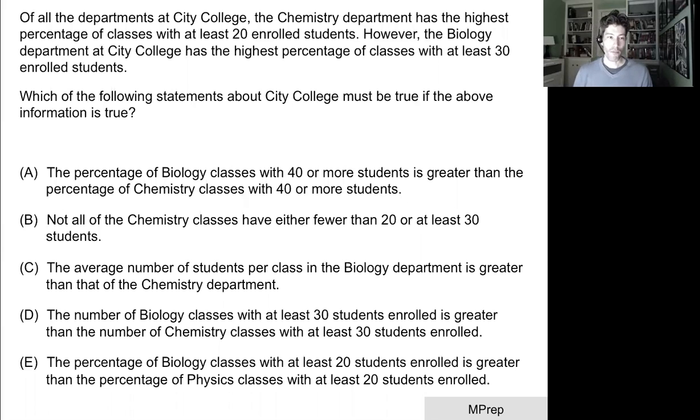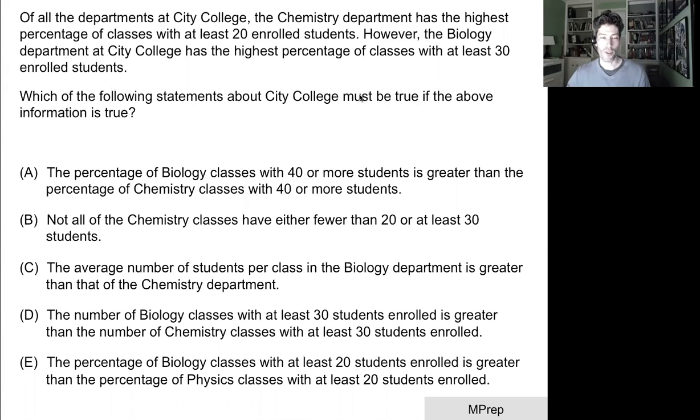So remember, we're going to try to evaluate, hey, do each of these have to be true? And that's the language you're looking for in these questions. Like, which of the following statements about City College must be true, right? That's an inference, if the above information is true. So take this as true. Which of these are true?